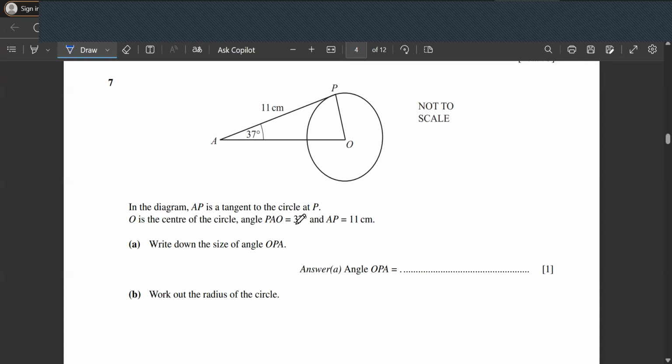So you have this angle is 37 and AB equal 11. How to find the angle OBA? It's 90. Yes, it's 90. Look here, this is an advice, take it or leave it. Always look at how many marks it is supposed to be. This is 1 mark. 1 mark means it is something you have to get direct.